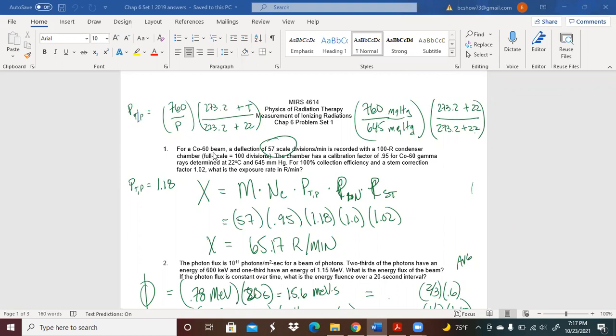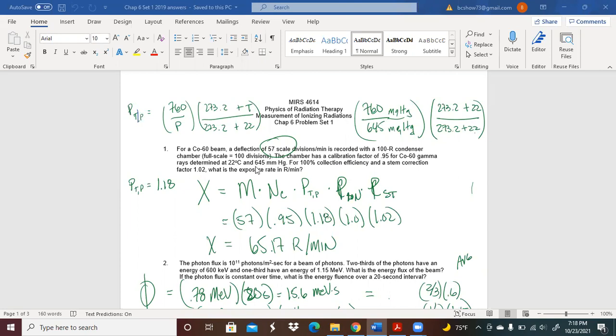So for a cobalt 60 beam, a deflection of 57 scale divisions per minute is recorded with a 100 Roentgen condenser chamber, and the full scale is going to be 100 divisions, so we're not quite there at 100%. The chamber has a calibration factor of 0.95 for cobalt 60 gamma rays that is determined at 22 degrees Celsius and 645 millimeters of mercury.